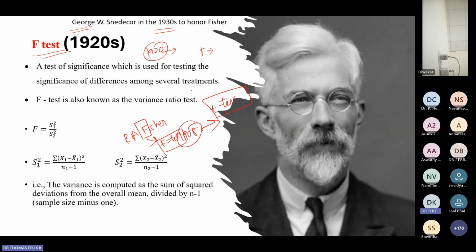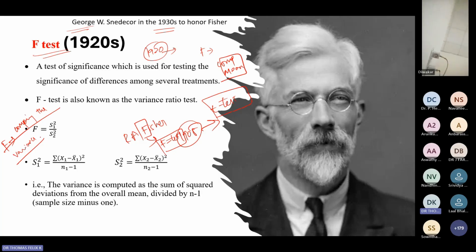As I said, the T-test is used for comparing the means, mean comparison. But the F-test is used for comparing the variance. To compare the variance, we use the F-test.